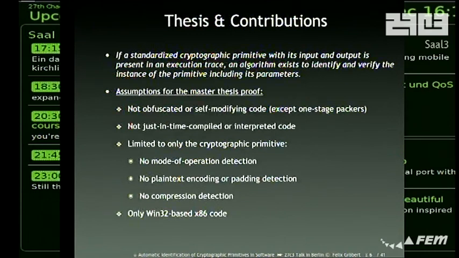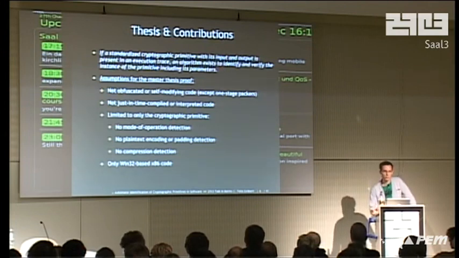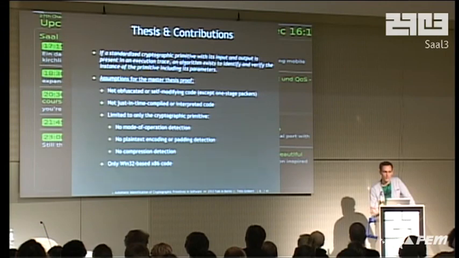In the thesis, I wrote that if a standardized cryptographic primitive with its input and output is present in an execution trace, an algorithm exists to identify and verify the instance of the primitive, including its parameters. This is important because you do not only want to know whether it's AES or DES which is used, but also the parameters, for example the plaintext, the ciphertext, and the key, because you are really interested in the payload the malware is sending, for example.